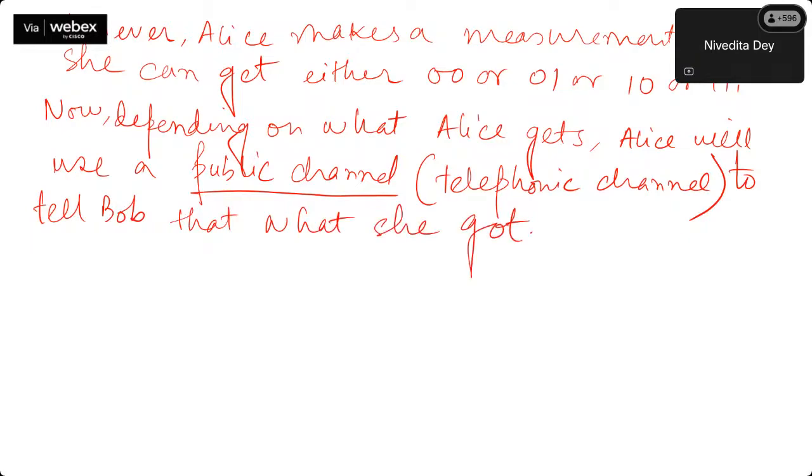So now Bob would remember that this is exactly the 2 bits of classical information that Alice has sent to him.